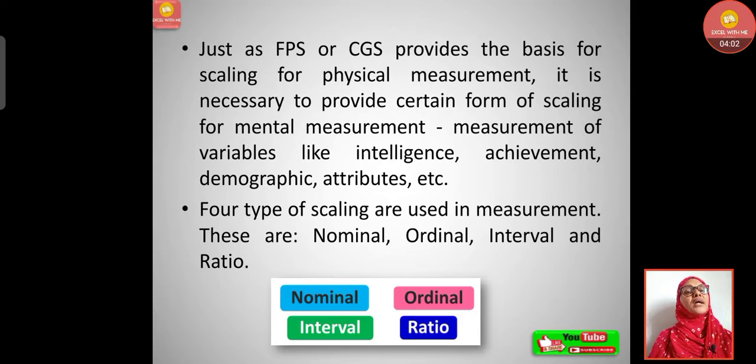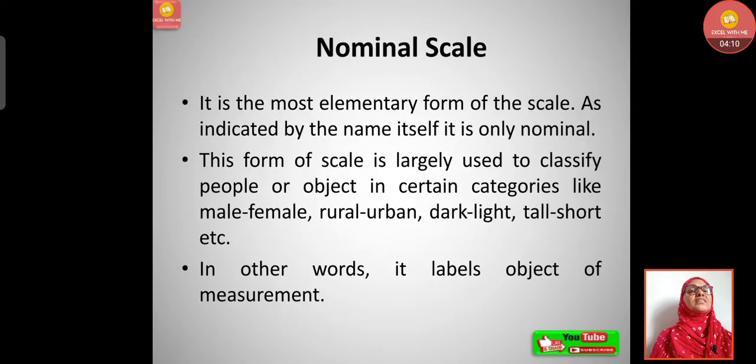Now, 4 types of scaling are used in measurement. These are nominal, ordinal, interval and ratio. Let's quickly understand these 4. First, nominal scale. It is the most elementary form of the scale. As indicated by the name itself, it is only nominal.